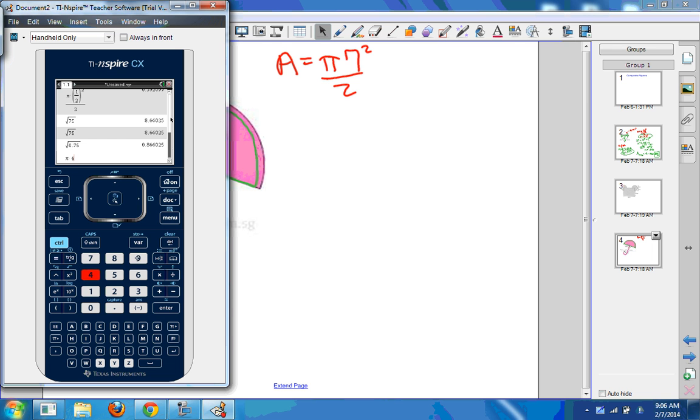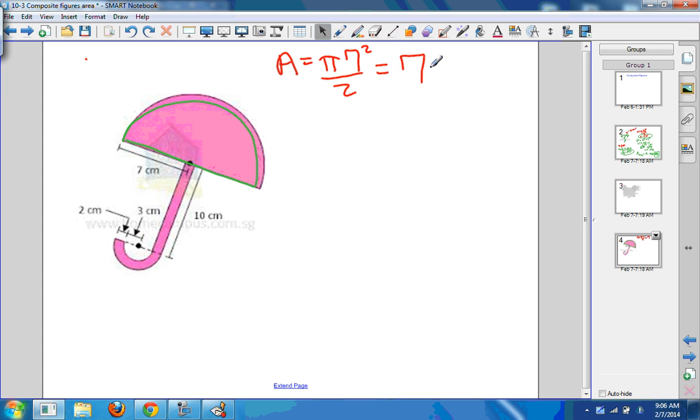I know 7 squared is 49, so I'm going to put in 49, divided by 2. And we get 76.969. Let's round up to 77. So it's going to be 77 centimeters squared. All right, one down.